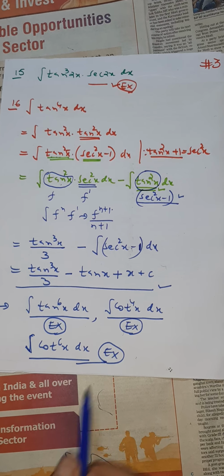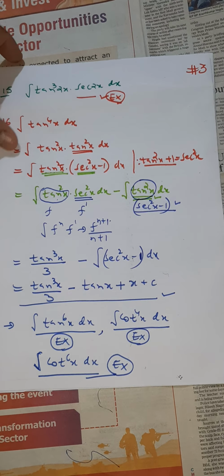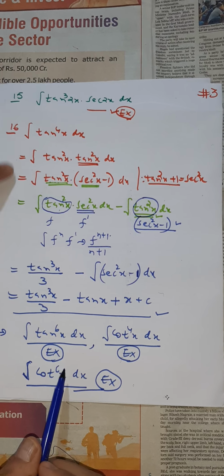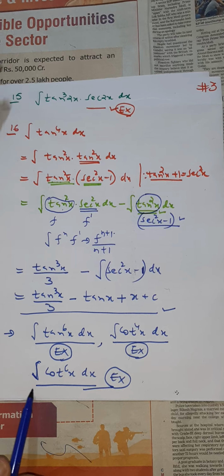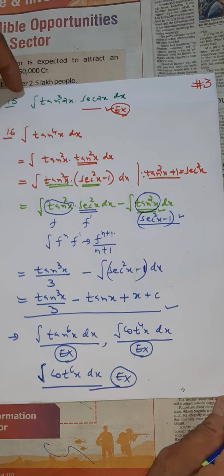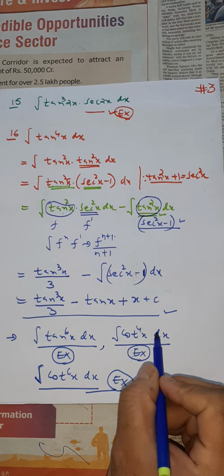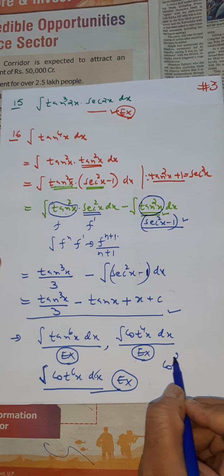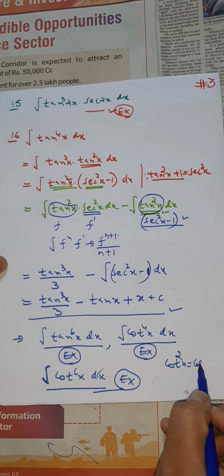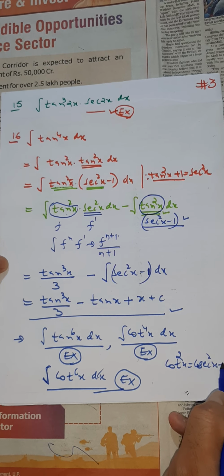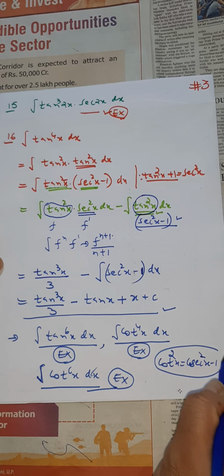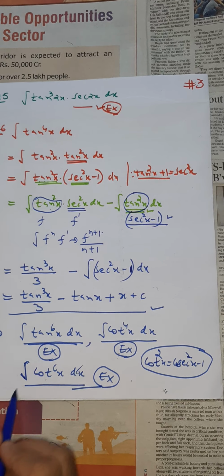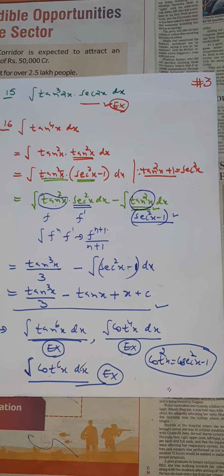How do we solve these 3 questions? The same way I did this, you can try the same way these 3 questions, remember. For these 2 questions, you need to use this identity: cot square x should be replaced by cosec square minus 1. This should be used for these 2 questions. For tan raised to 6, the same procedure more or less.